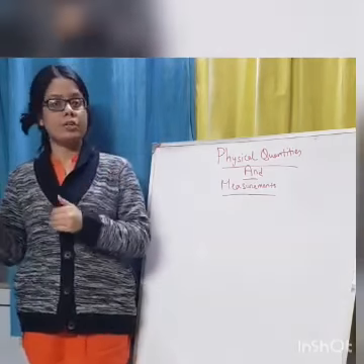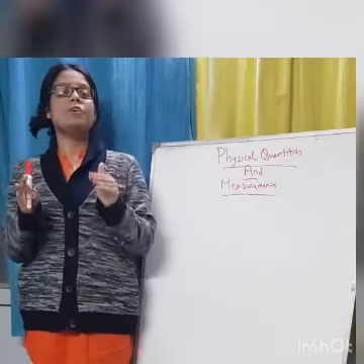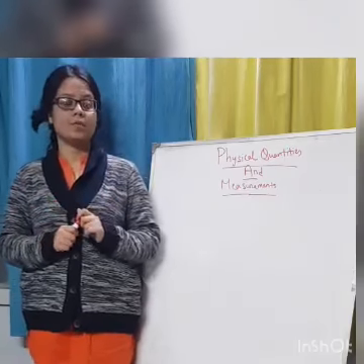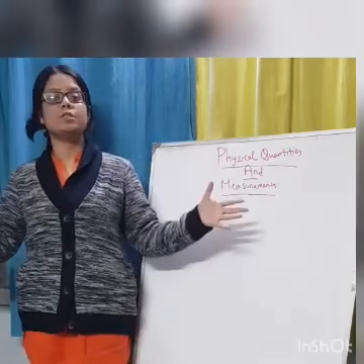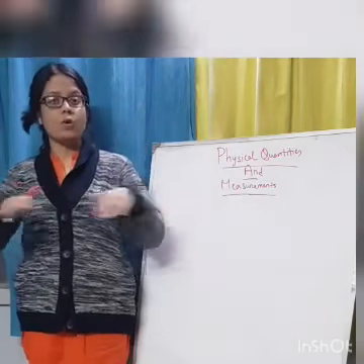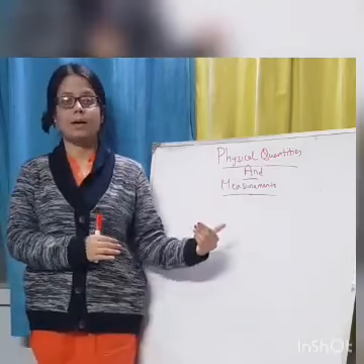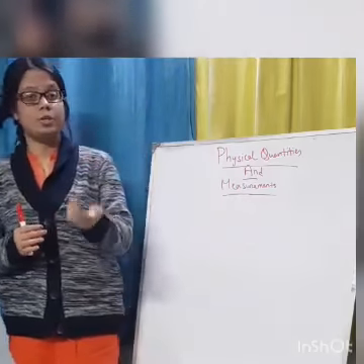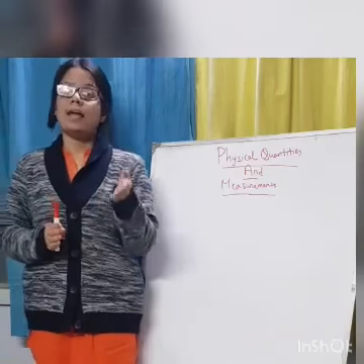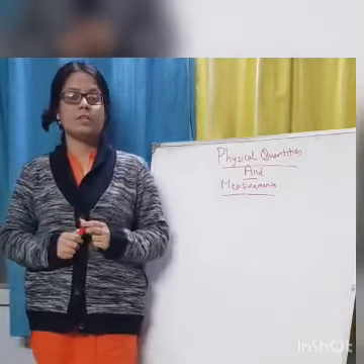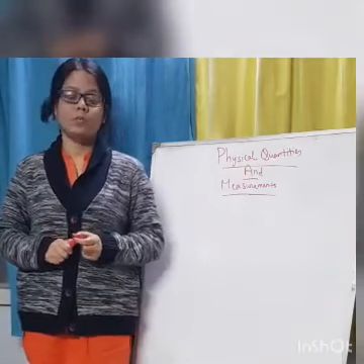But in case of iron ship, what happens is the average density of the iron ship is less than water. Why is the average density less than water? Because the volume is so large and it is hollow from inside. So the volume is so large that the average density of the iron ship becomes less, and it becomes lesser than water, and therefore it floats in water. So that is how iron ship floats in water.